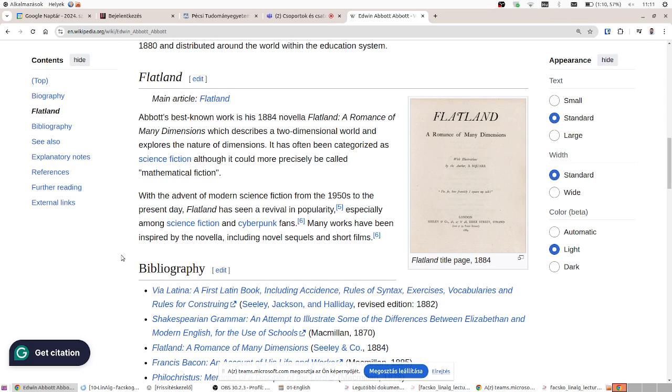What is a sphere, a circle, in different spaces? In 0 dimension, it's a point. In 1 dimension, it's a segment. In 2 dimension, it's a circle. In 3 dimension, it's a sphere. And in 4 dimension, it's the so-called hypersphere.